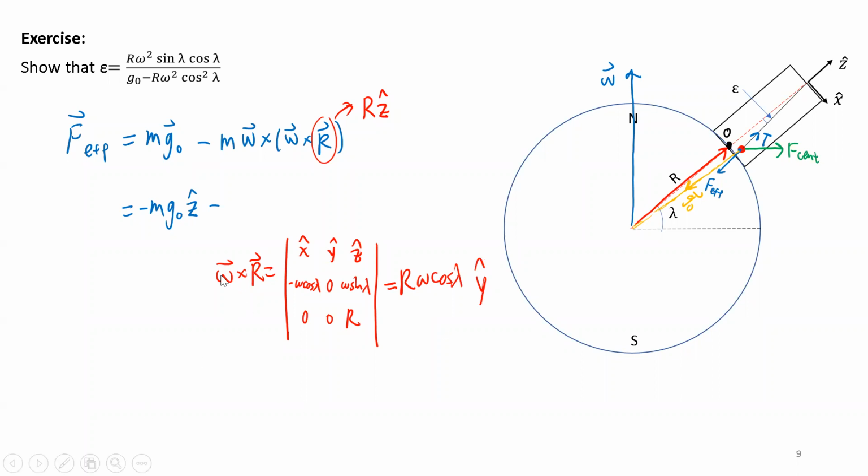And then of course you need to do the cross product one more time. You need to do omega cross this one, right, in order to get to the omega cross R. But okay, so I'll just skip the steps. But omega cross R, you should be able to find that this is this one. Get a square.